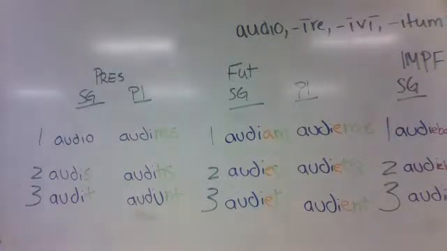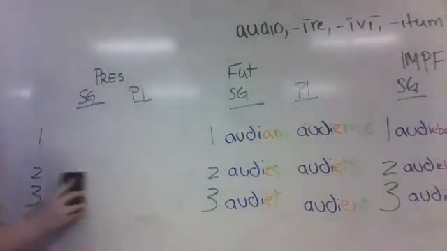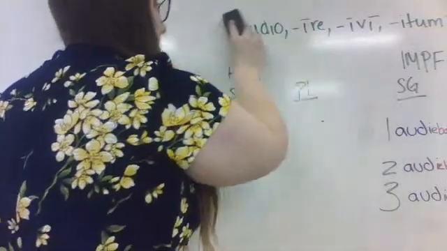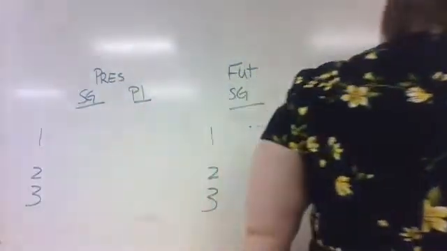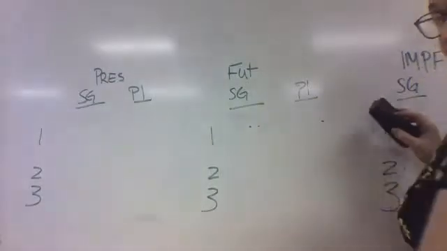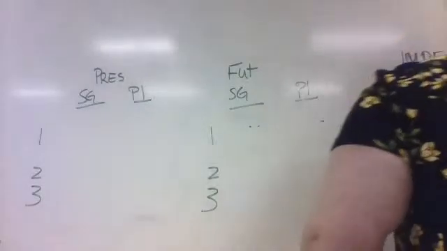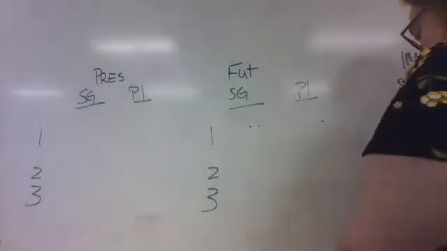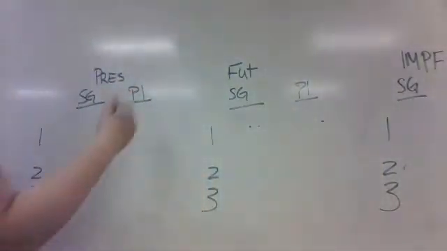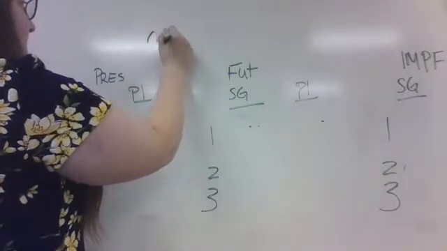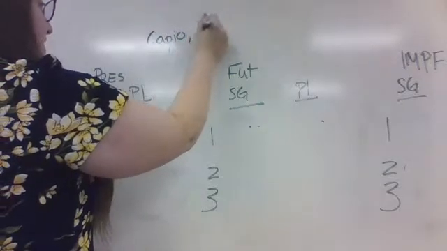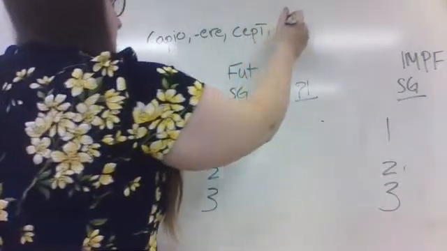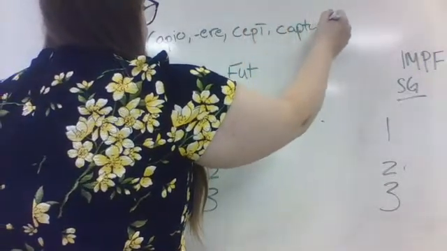Now let's step back and let's look at third IO. So third IO is actually going to be a lot similar to fourth conjugation. So we have the verb capio, capere, cepi, and captum.